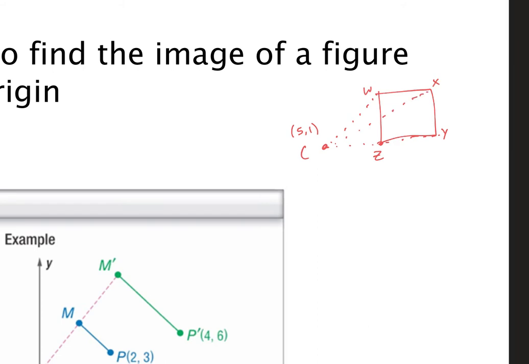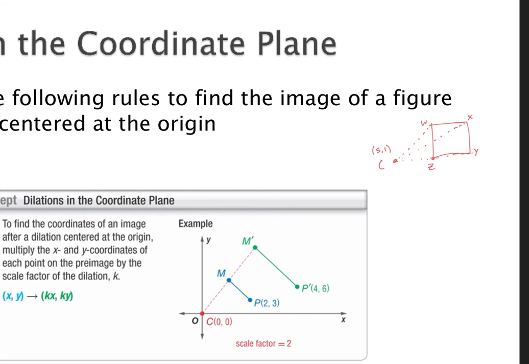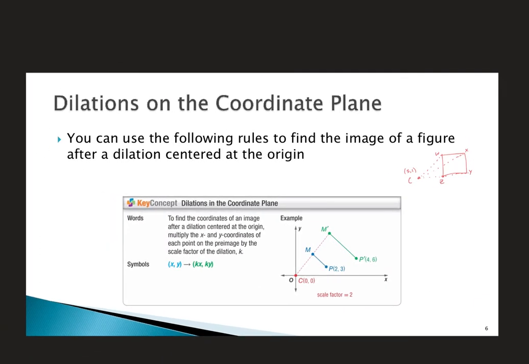Okay, however, coming over here, if your dilation is centered at the origin, then you can use this rule. One more time.